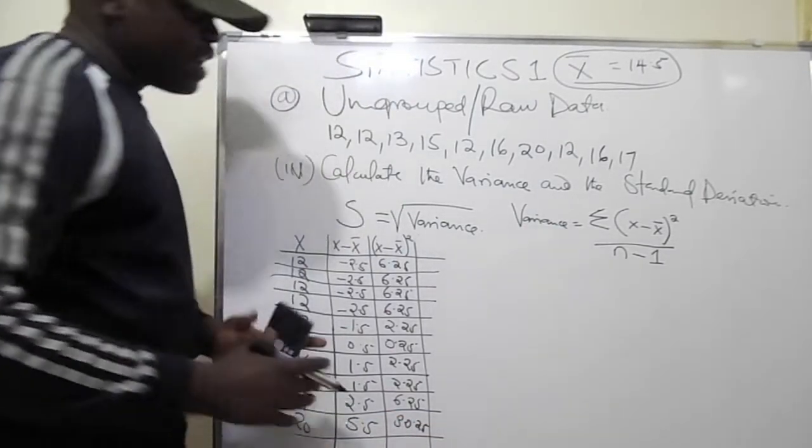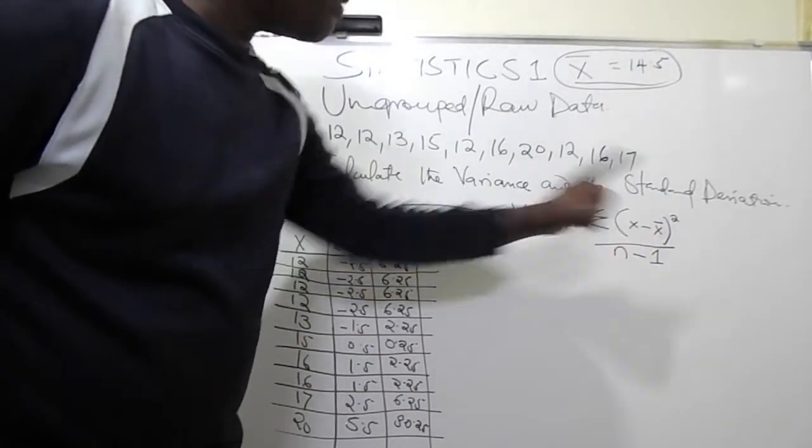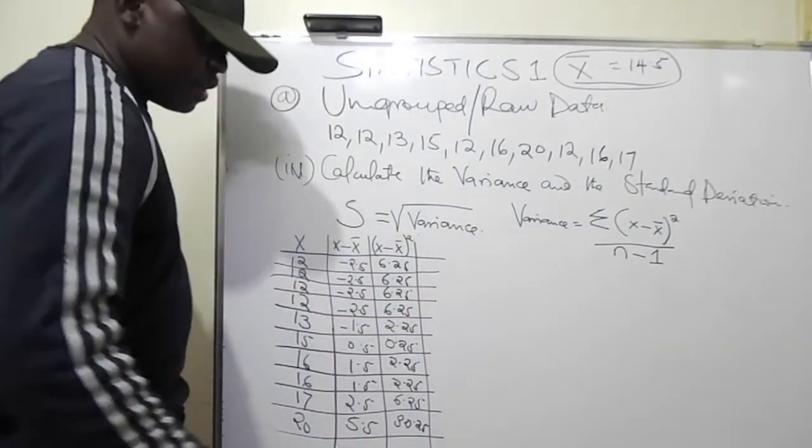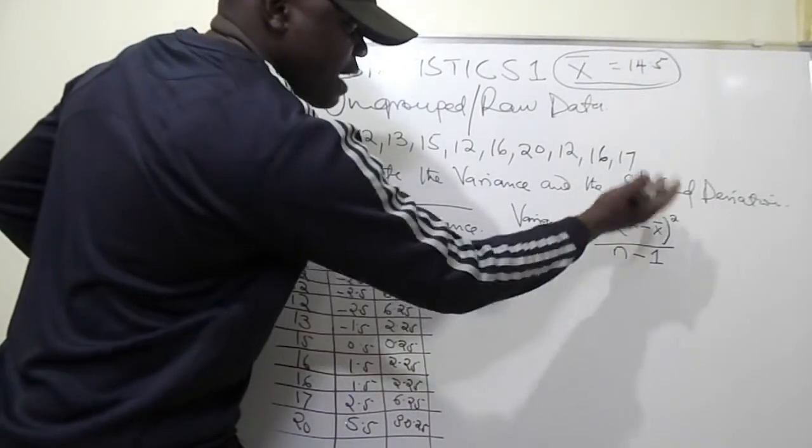30.25. And therefore, we can calculate the summation of x minus x bar squared. Under here, we sum. This symbol simply means you sum all of it.